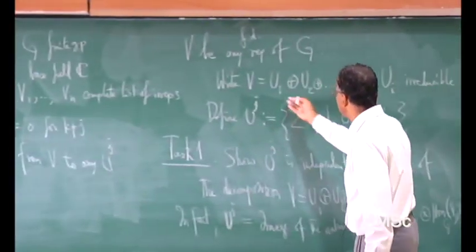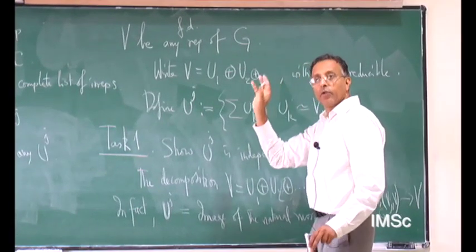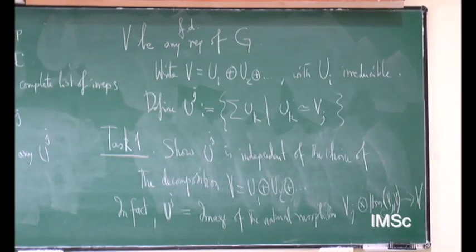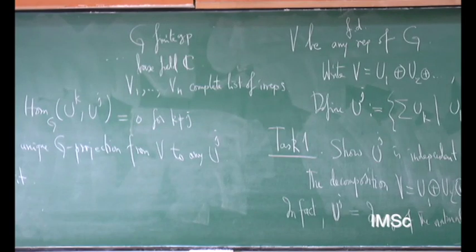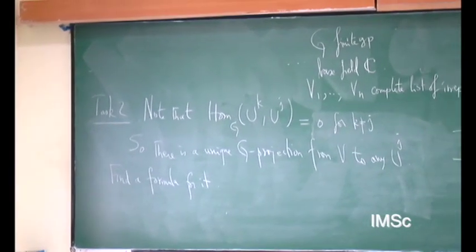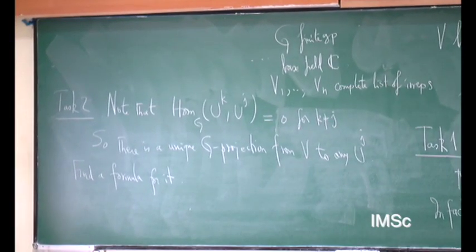We have not proved it, but it is obvious because you are just rearranging and then summing. If I have something equal to A direct sum B direct sum C, then if I take A plus B and then C separately, it's still a direct sum, and so on. So that part is easy.